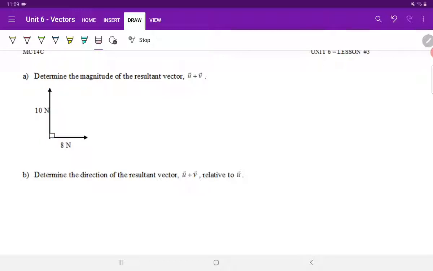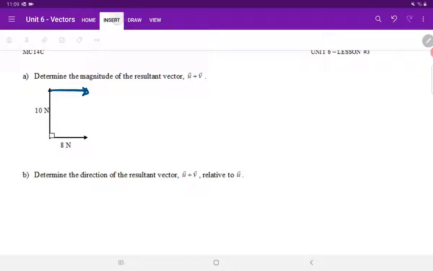So what I'm going to do then, nice and neatly, is draw head to tail, and then my resultant is going to go from my starting point to my end point, okay, with an arrow facing my end point there.